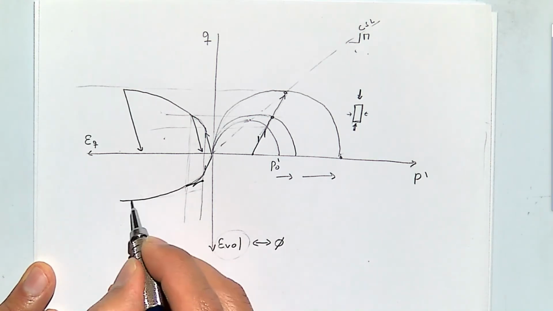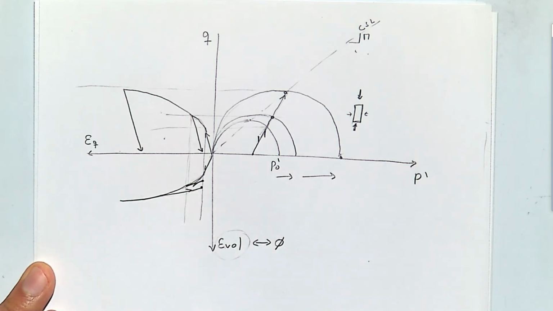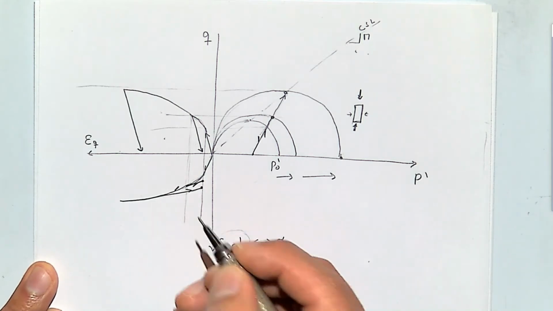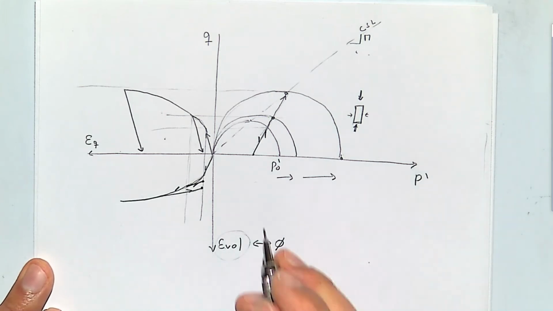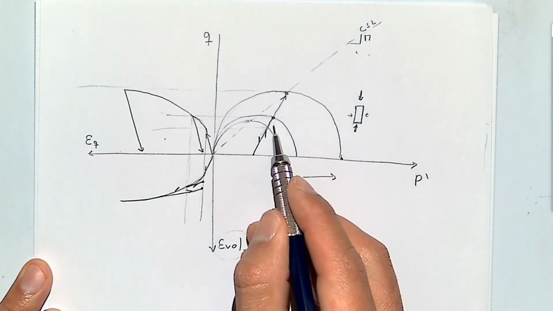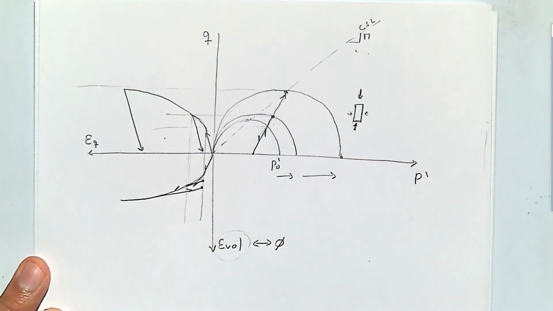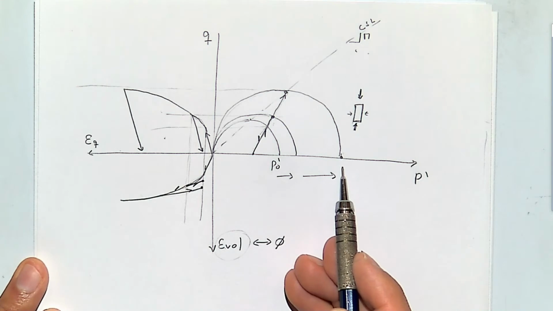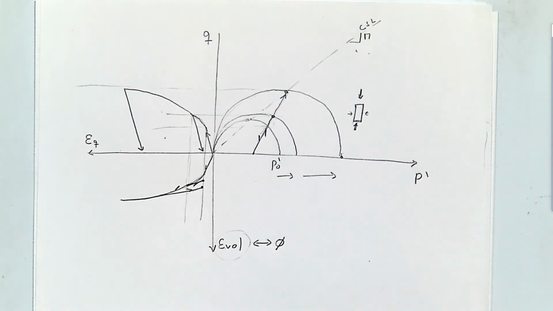You unload it, and it comes back somewhere over here. It doesn't recover the entire strain. So every time you go to the yield surface, you have a permanent deformation in the volumetric strain, and as a consequence of that, the rock gets more compact and also stronger.